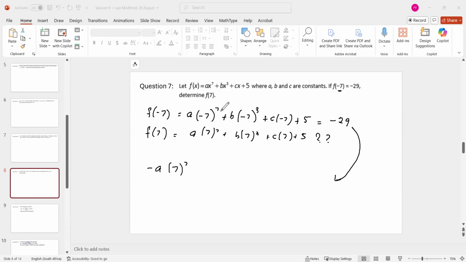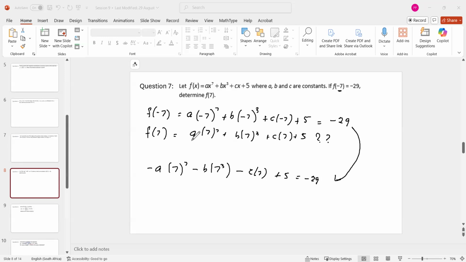The same for -1 cubed, again an odd number, so it's minus b times 7 cubed. And this is minus 7c times 7 plus 5 is equal to negative 29.